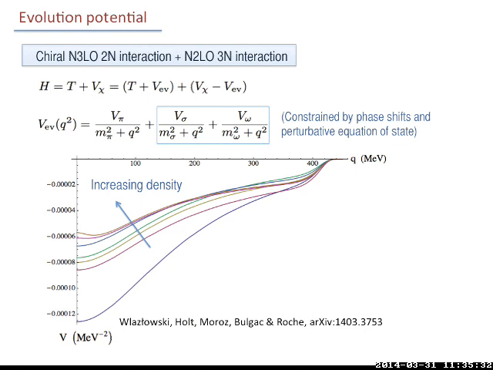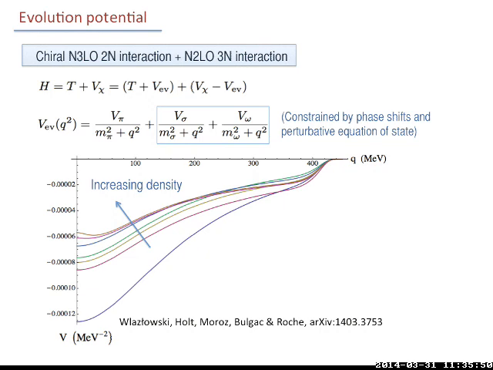The sigma is attractive and the omega we take to be repulsive. But as long as the sum is always negative, then we can do Monte Carlo simulations without a sign problem. And this allows you to study up to several hundred nucleons on the lattice.